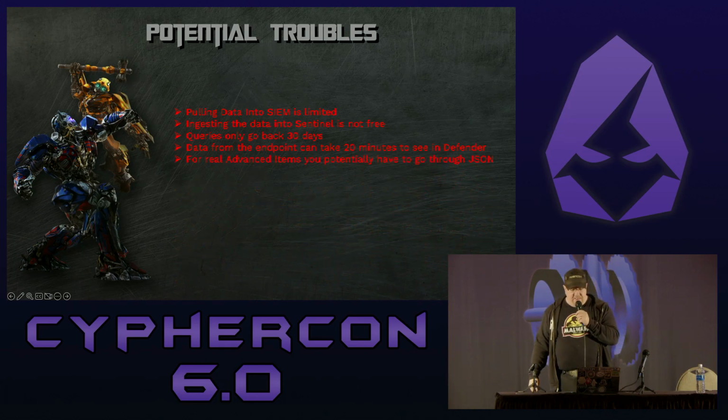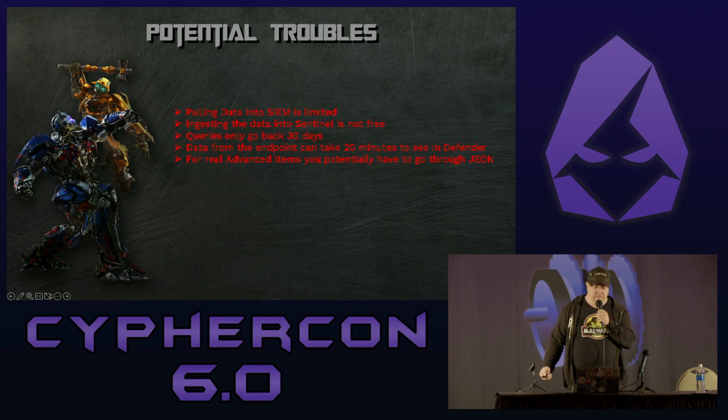For real advanced items, you'd have to go through JSON. There's an advanced field. Most of that winds up looking like a JSON table. Parsing through that can get very complex. Not everything that the Defender agent sees is available.